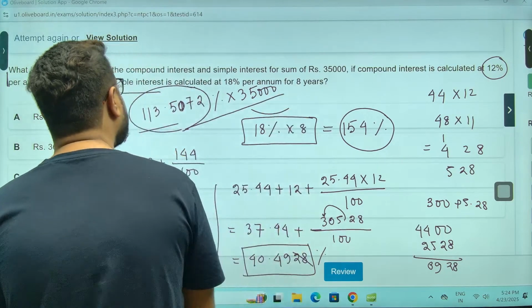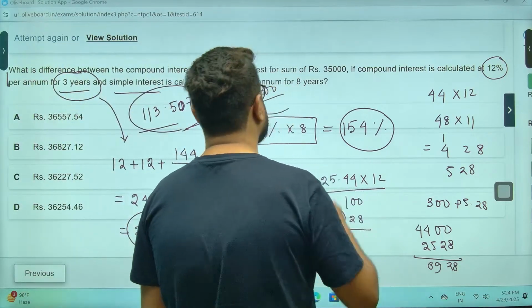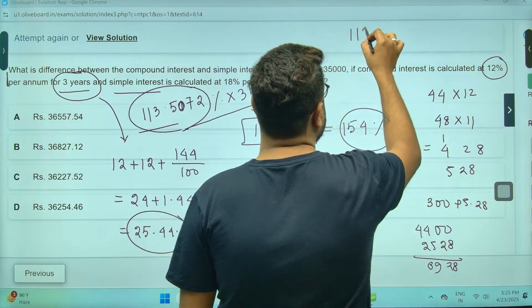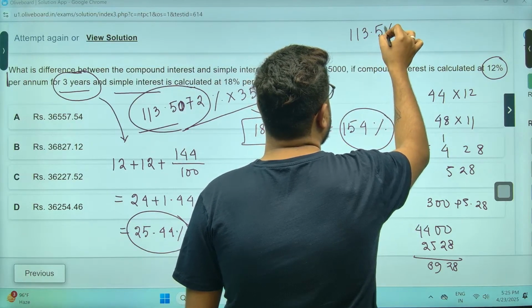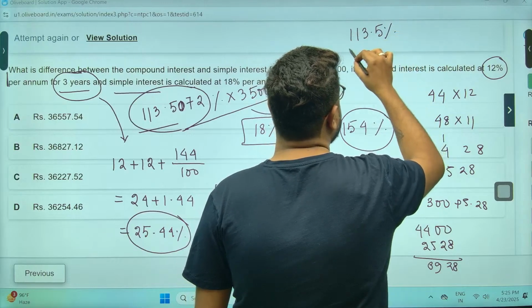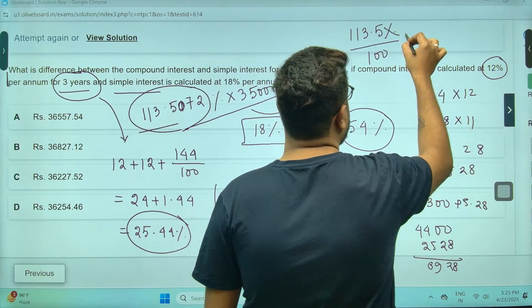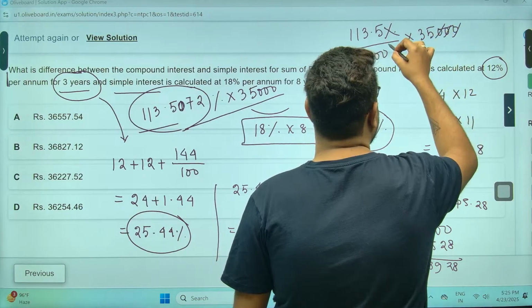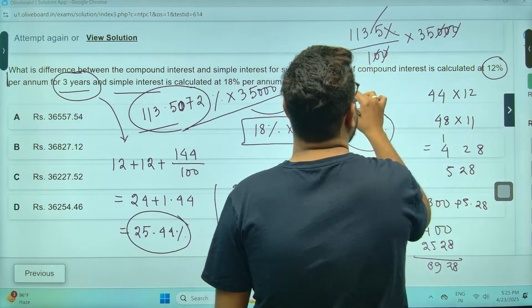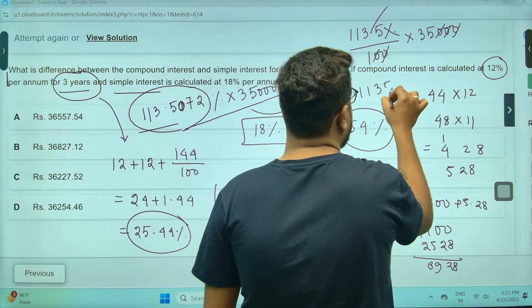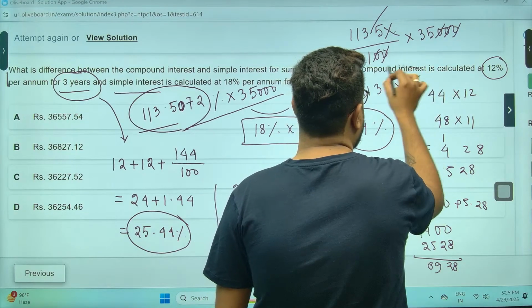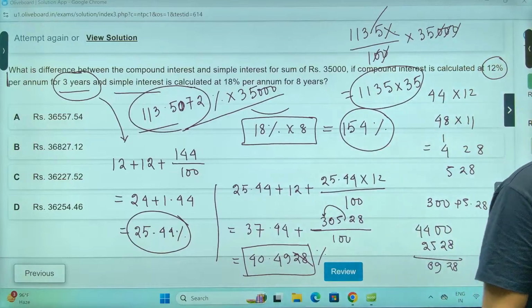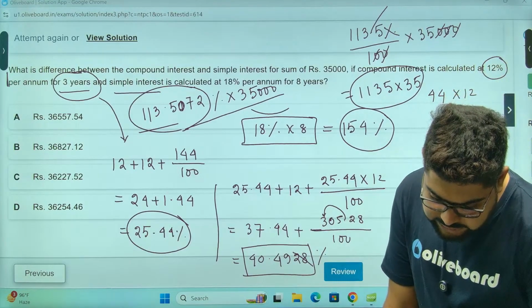So do this calculation. 113.5%. If you do it like this, will it come? I don't think so. Please check how much you are getting.